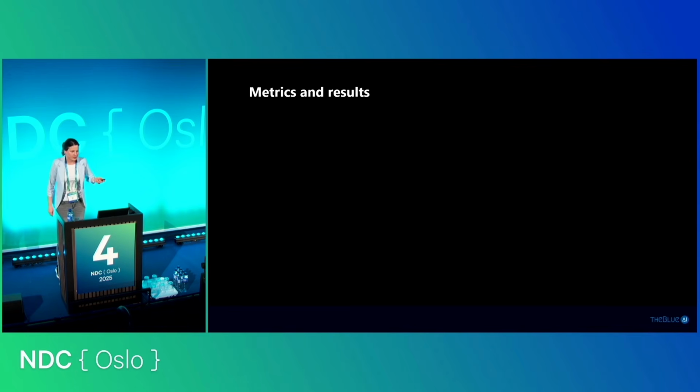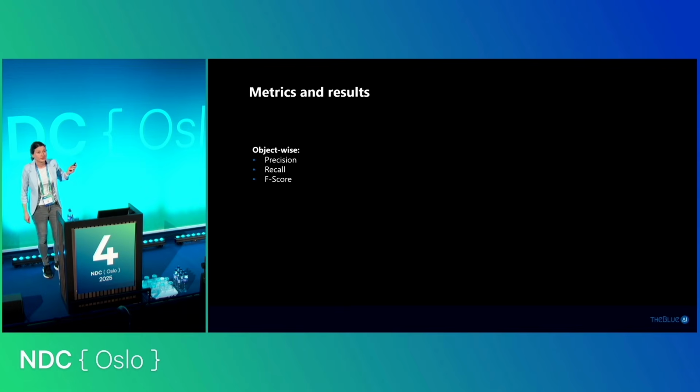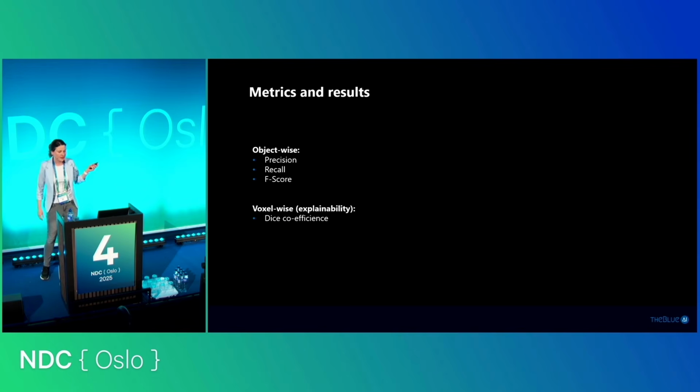So let's take a brief look at the metrics and the results. We have analyzed it from 2 perspectives. The first of them is quite classical, meaning that we have looked at the object-wise metrics, like precision and recall, so how many times we're right, did we create too many false positives. And the second one, which is quite interesting, is the voxel-wise metric.